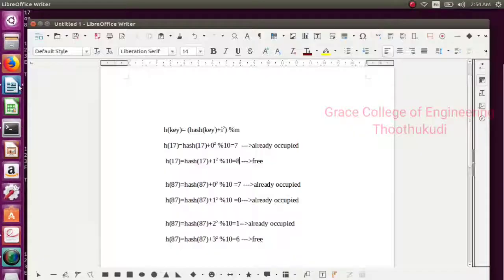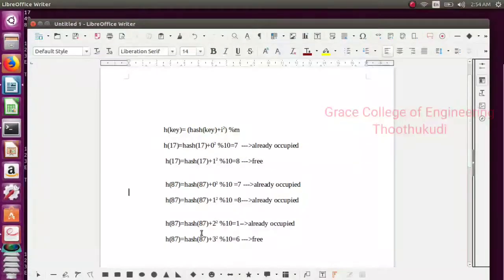First you put 0 squared, and the output is 7, which is already occupied. Then you put i squared equal to 1, and the answer is 8, which is also occupied.